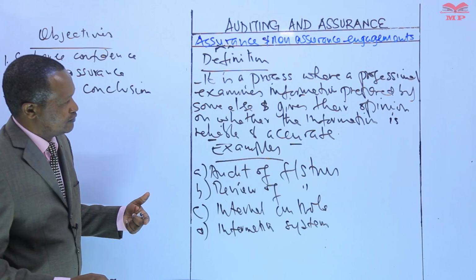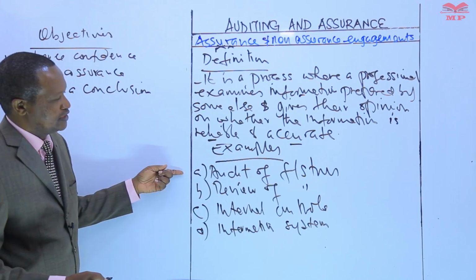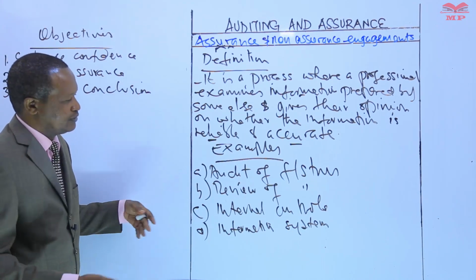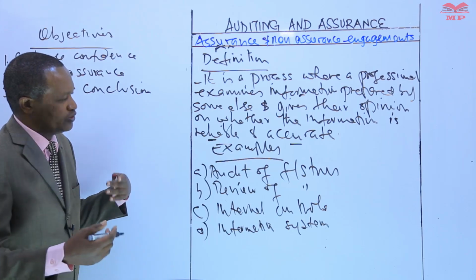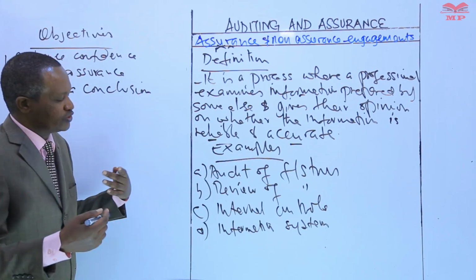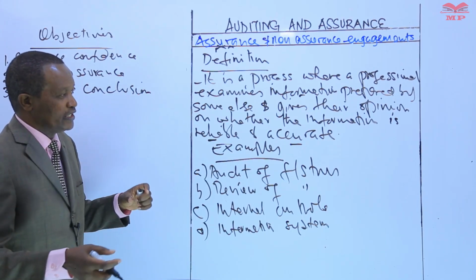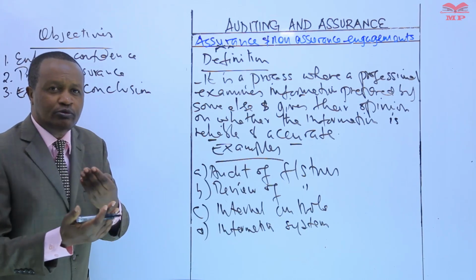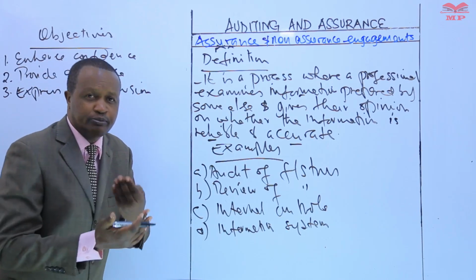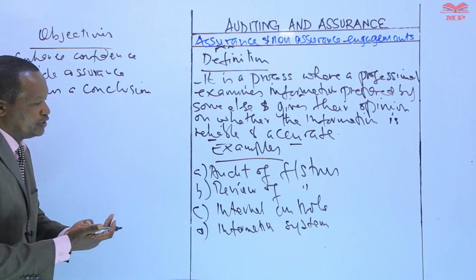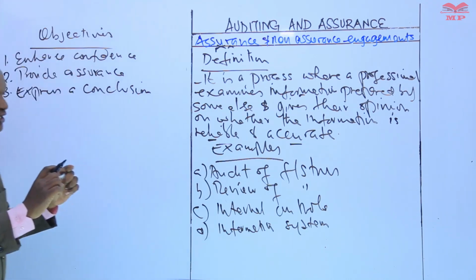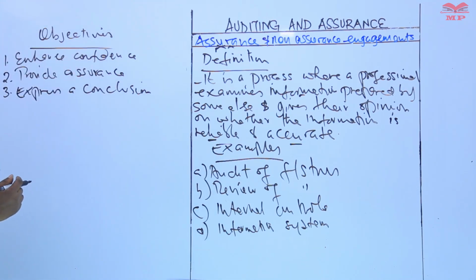So if the assurance engagement is audit of financial statements or review of financial statements or examination of internal controls or examination of information system, there has to be a conclusion expressed in the form of a written report. So one objective is to express a conclusion.